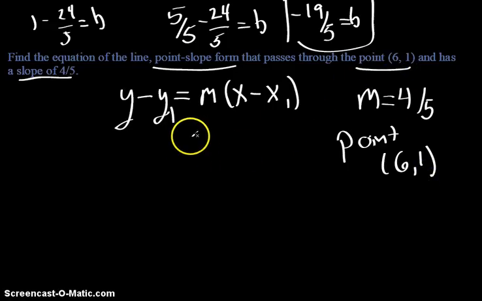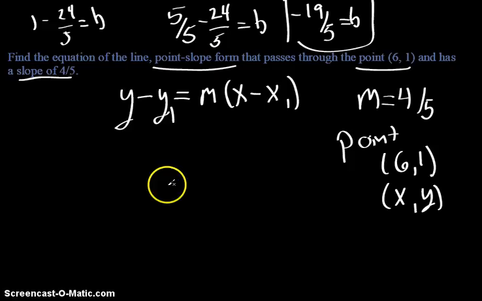Now it's given right here. So 6, 1. Now in this equation, I need to know a point. That's my y1, x1, and a slope. Well, I have all that, so I'm just going to plug everything in. Remember, this point is in terms of x and y. So we're going to use these for x1 and y1.